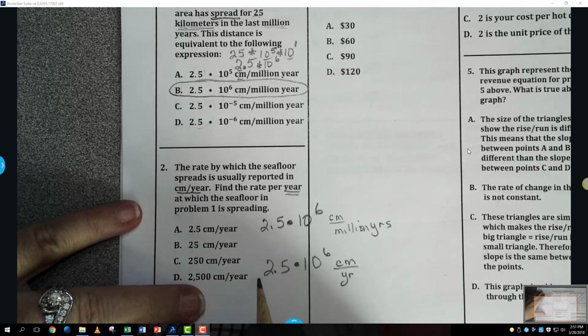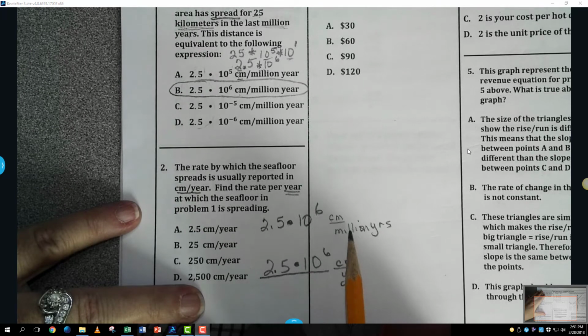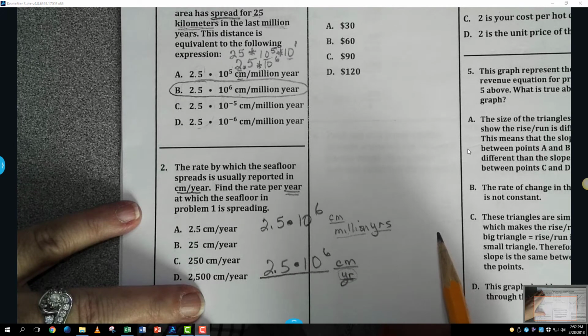So I'm going to convert the million years into 1 year. How many years are there in a million years? A million.